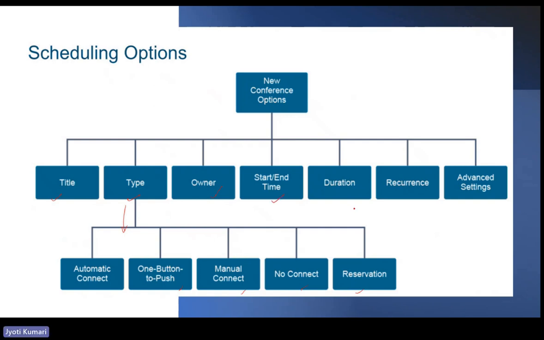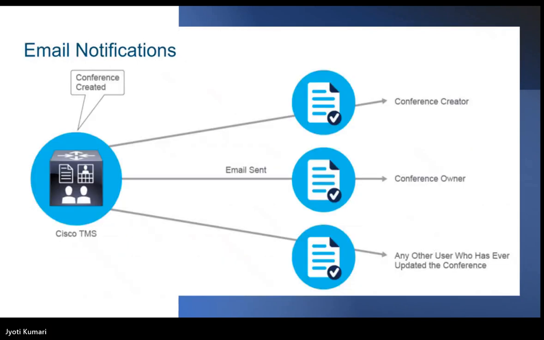We can configure the start and end time for that conference, the duration, and the recurrence, whether we want it to be just a one-time conference or a recurring conference. For example, a recurring meeting for 5 days. Then some advanced configurations we can do within the conference options.